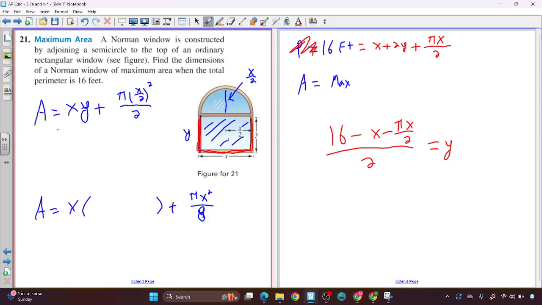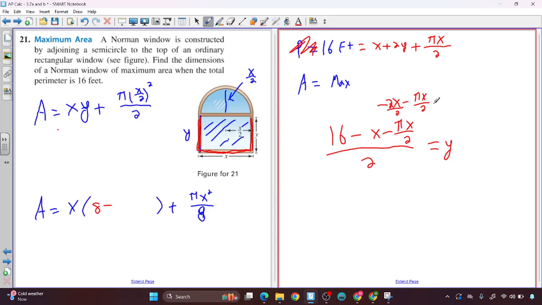Okay. And then if I can combine this at all, it'd be great, but I guess this is 8 minus 16 over 2, 8 minus, and then how could I do this? Negative x minus pi x over 2. I can make this over 2, like that.